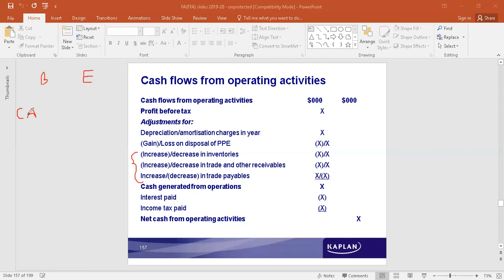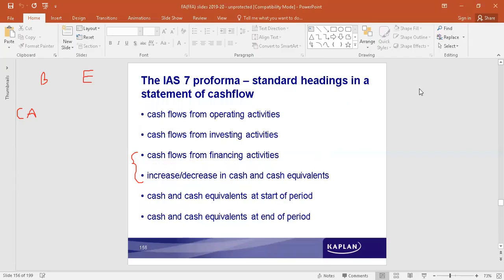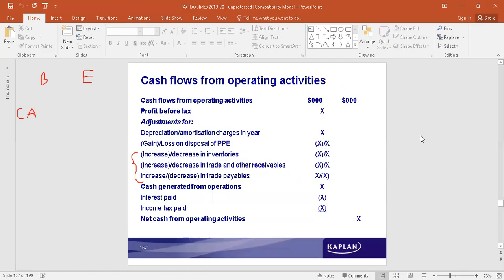Of course, cash balance is also a current asset, but beginning cash balance and ending cash balance are treated in the last section, so we do not count them here. Though it is a part of the current assets, we do not consider cash balances here.